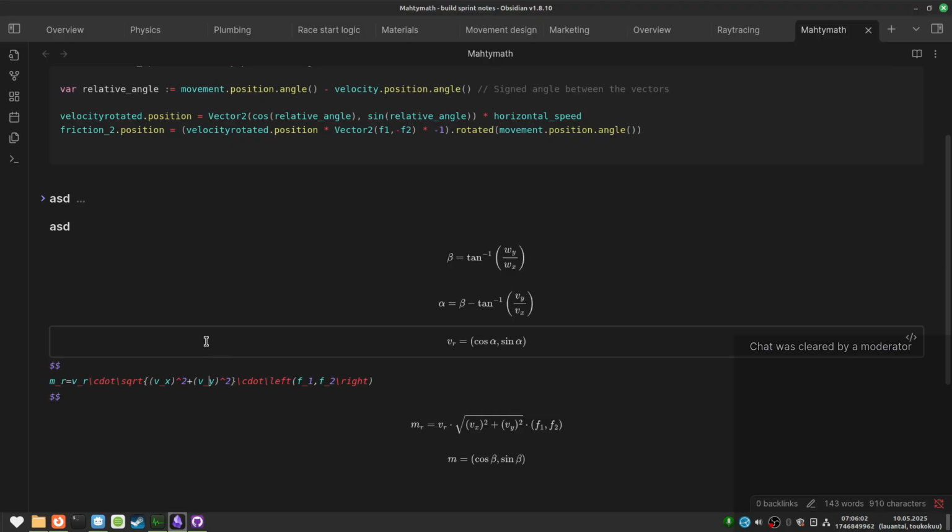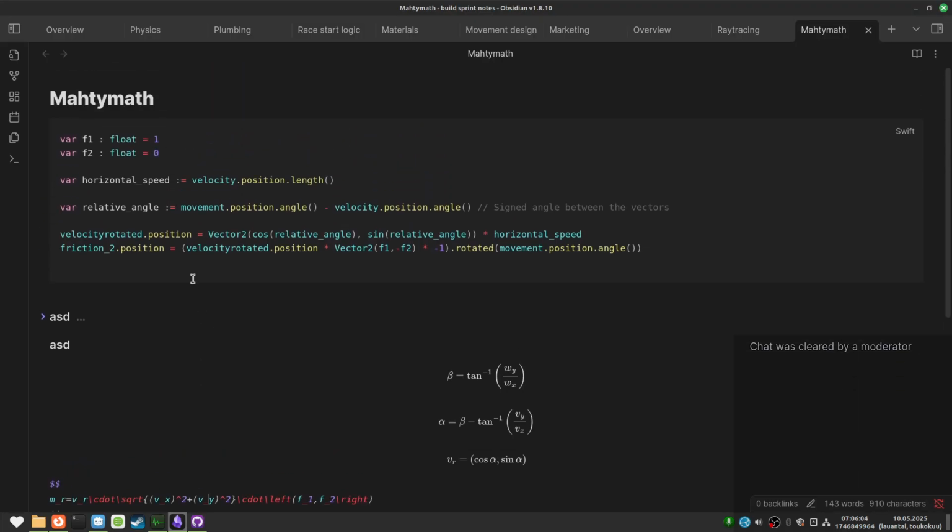I think this is the only place where we use it. This is the only place where we use the speed.